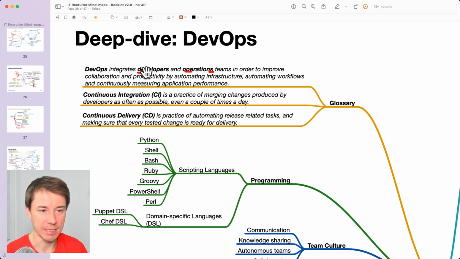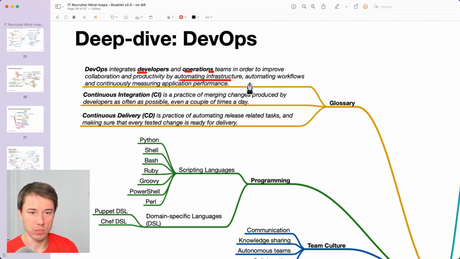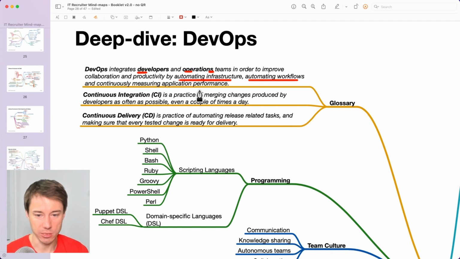DevOps integrates developers and operations teams in order to improve collaboration and productivity by automating infrastructure. This is really important. It also automates workflows, that's also important, and continuously measures application performance, continuous monitoring.